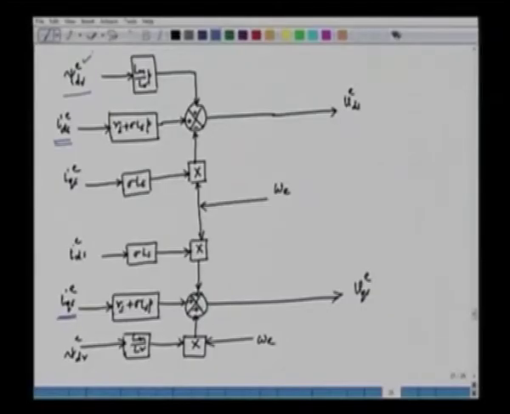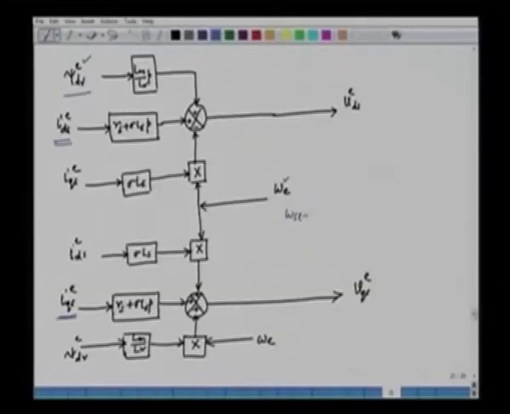So this flux is also one of the inputs here, and of course this synchronous speed can be evaluated by adding the rotor speed with the slip speed, omega SL plus omega r. So in a way we know omega e, and then when we use this we obtain VDS and VQS, which will be used for a VSI.